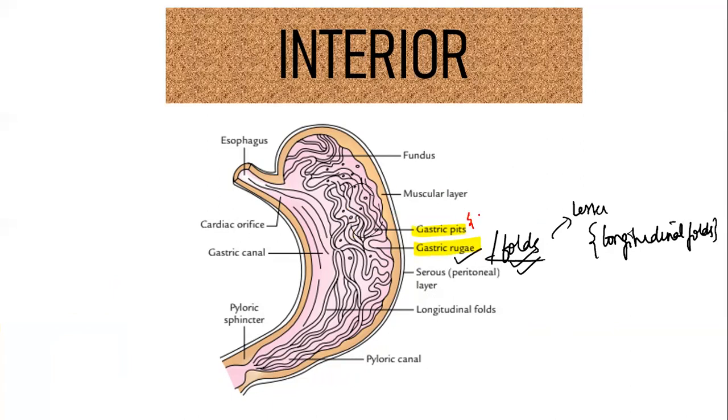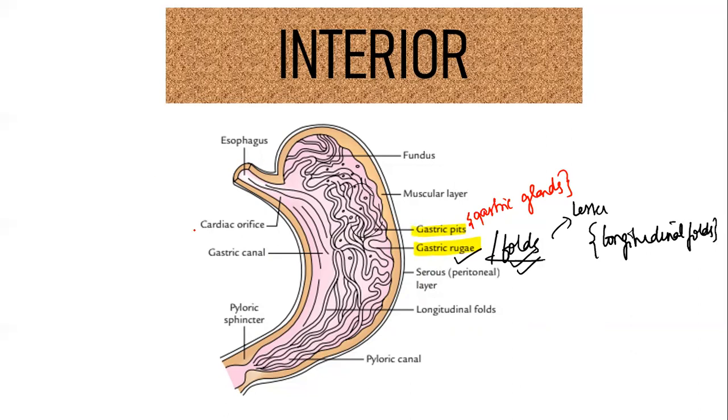The gastric glands are going to be present there, which throw their secretion into these gastric pits. So the glands are lodged into these pits. You have got the folds that are longitudinal along the side of the lesser curvature, but towards the greater curvature it becomes irregular. And in the gastric rugae, I am able to appreciate some pits called gastric pits, which have lodged the gastric glands. So all these secretions are poured there.